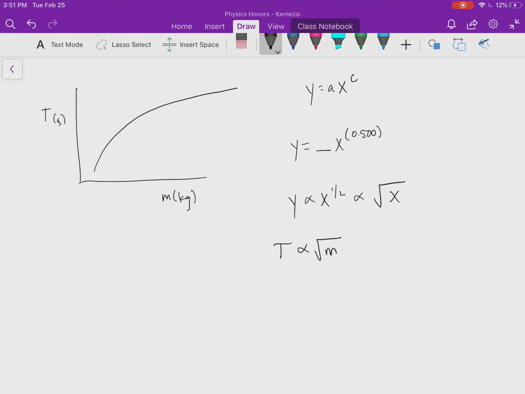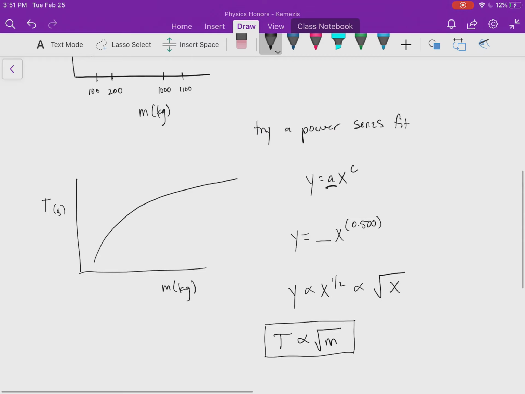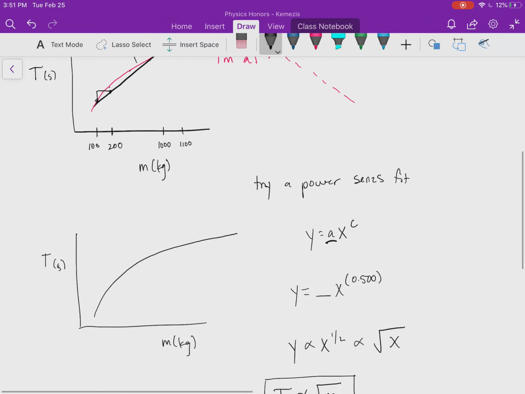As we are looking at this relationship, the period is related by a function of the square root of the mass. And our A value tells us something different. We can talk about that a little bit, like what would that be in terms of our lab. But for right now, the important part is to realize that the relationship we have, based on our data and based on talking about the physics, is a square root relationship.